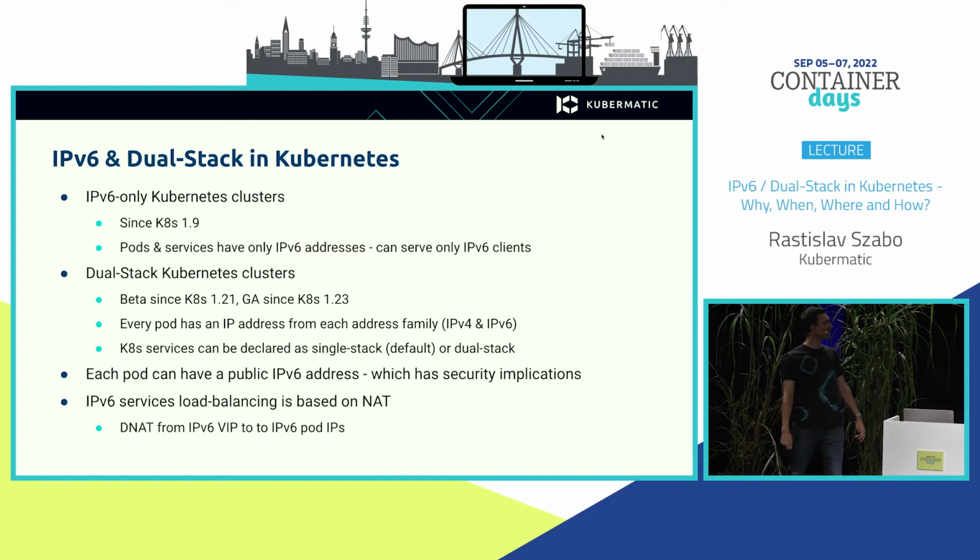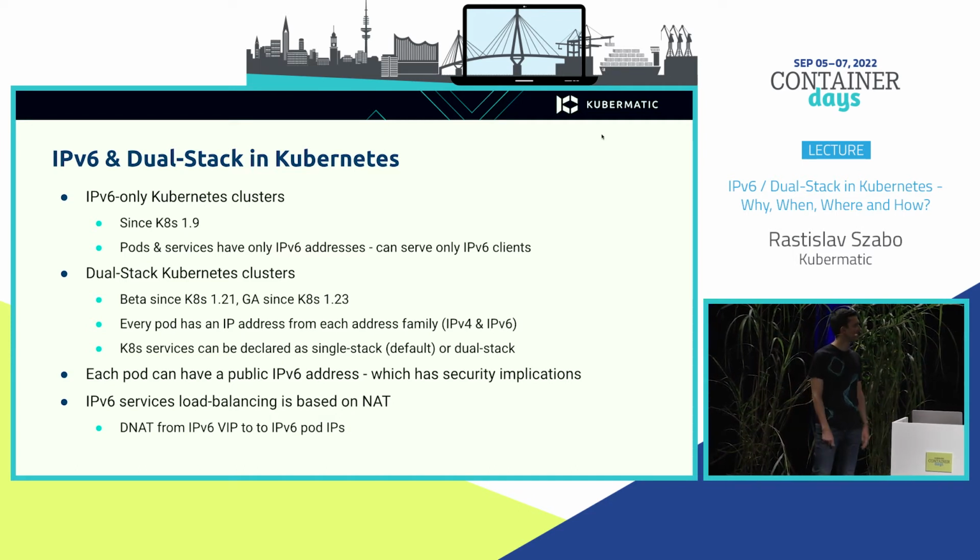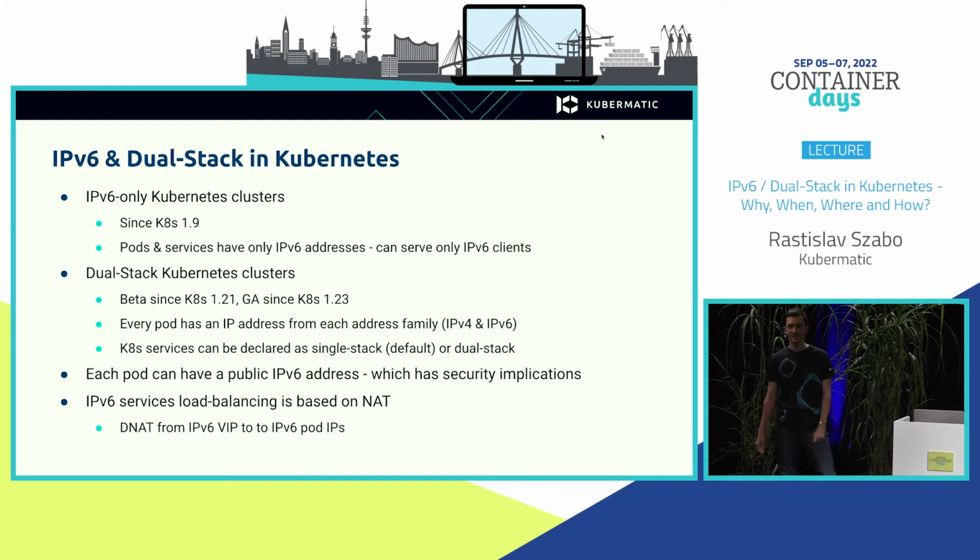As of Kubernetes 1.23, the dual stack feature for Kubernetes is generally available. With dual stack enabled, every pod in a Kubernetes cluster has both an IPv4 and an IPv6 address. Every Kubernetes service can be either single stack or dual stack, depending on what you choose. So you have the flexibility to tell Kubernetes whether you want to expose a service on IPv4, IPv6, or both.